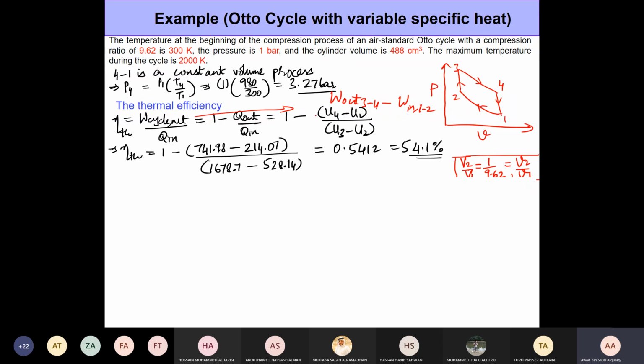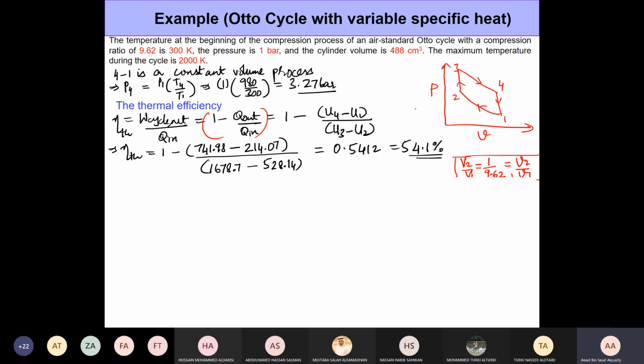You could do this, or you could just make use of the formula 1 minus Q out by Qn. It's your choice. I'm going to show using both of these. We'll use the formula for the net work in the cycle when we calculate the mean effective pressure. So for now, you can make use of the formula 1 minus Q out by Qn because this is a simpler way of doing it.